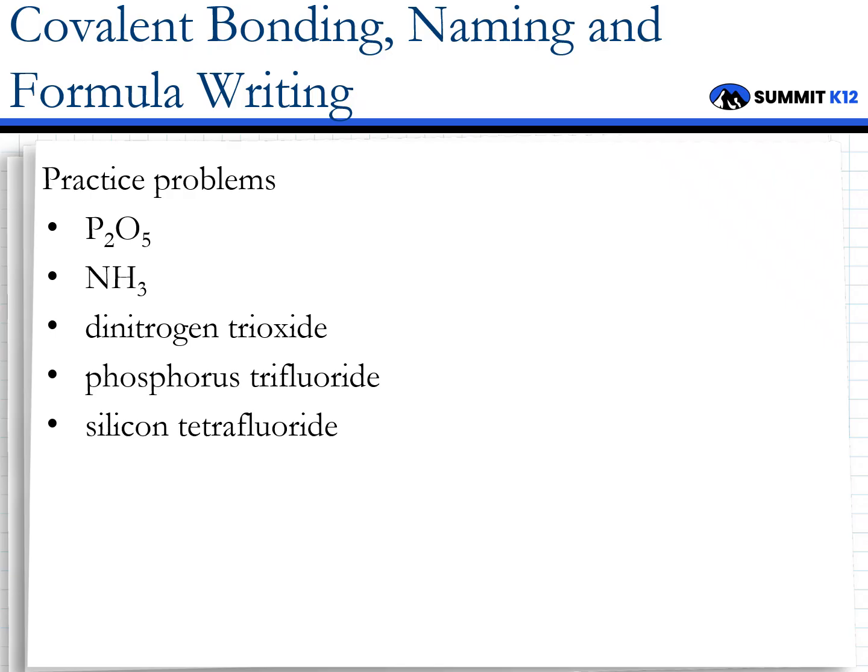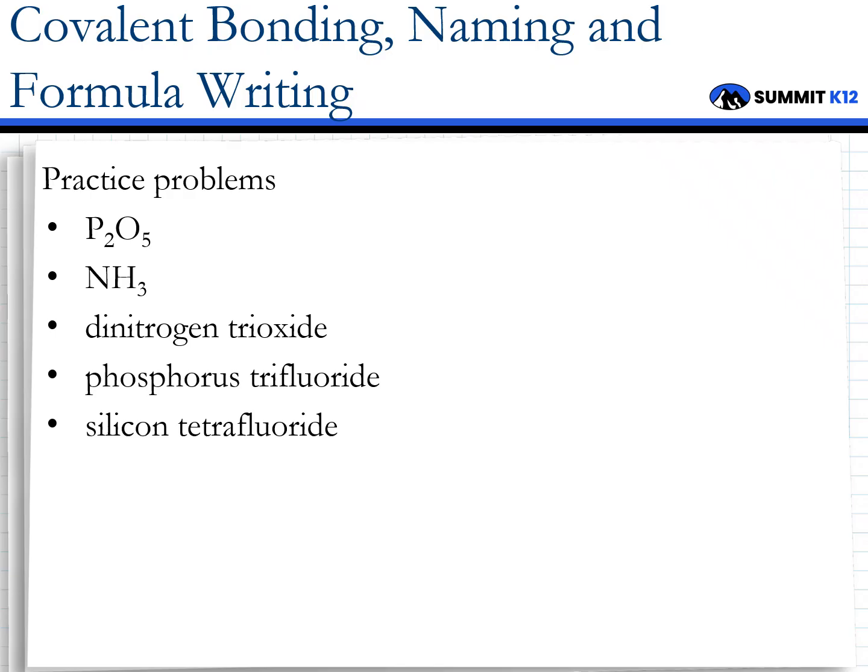What is the name of P2O5? Phosphorus. We have two of them, so we need to make sure that our Greek prefix at the beginning of phosphorus is correct.